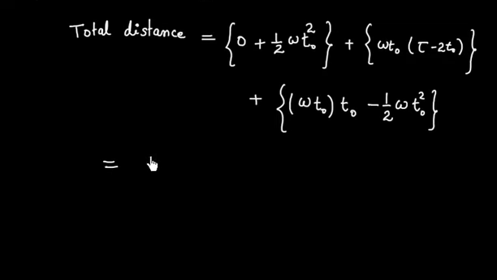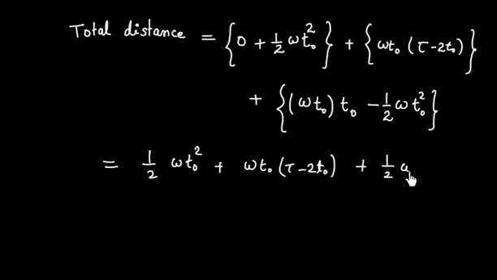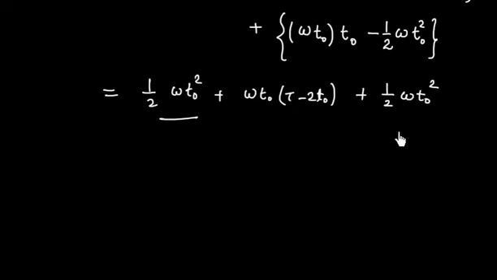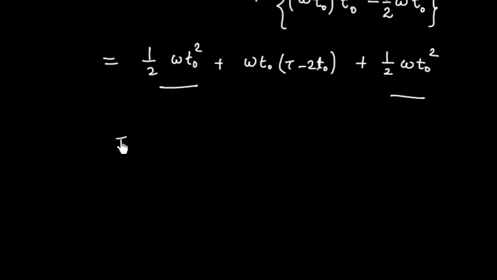This is half omega t naught square, plus omega t naught into tau minus 2 t naught, plus half omega t naught square. Now these two combine to give omega t naught square plus omega t naught into tau minus 2 t naught. Are you getting it or not?